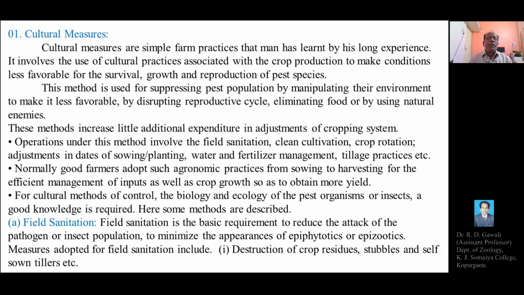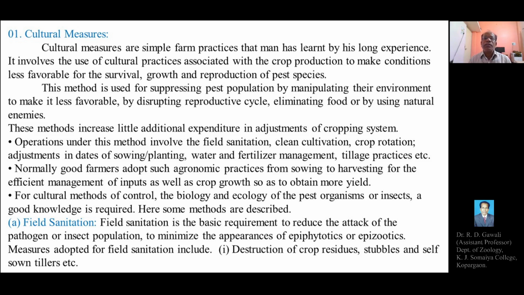Cultural measures are simple farm practices that man has learned by his long experience or long agricultural practices. It involves the use of cultural practices associated with crop production to make conditions less favorable for the survival, growth, and reproduction of the pest species.